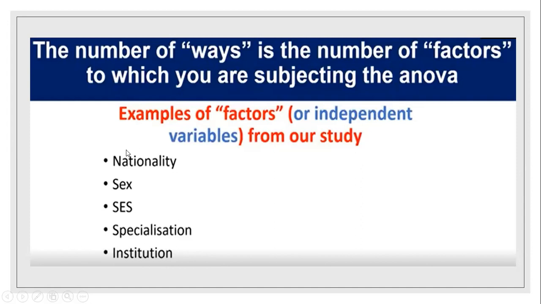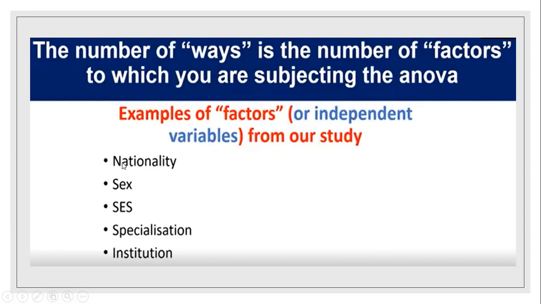So if we are picking only nationality for our analysis that has 4 levels, it means we are doing one way. You get that? So let me take it again. If you are taking just one of these moderating variables, if you are using just one, it means you are doing one way.